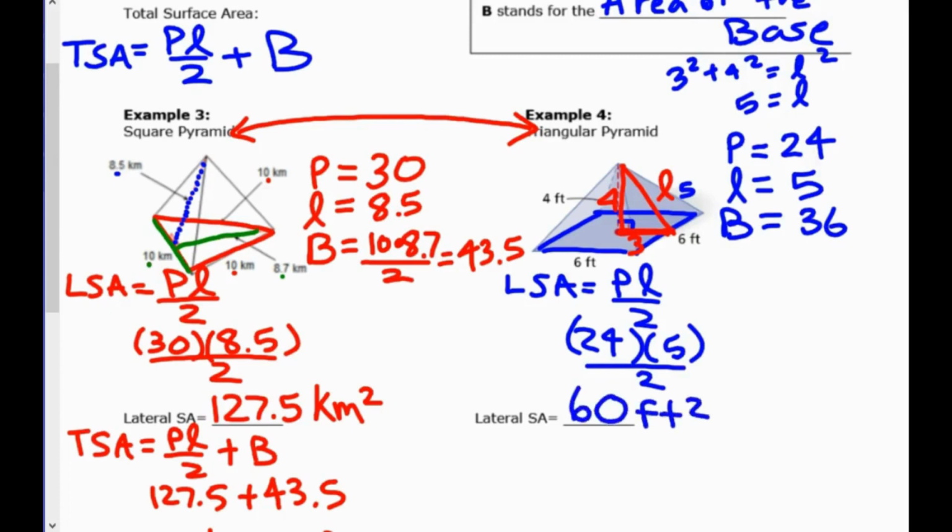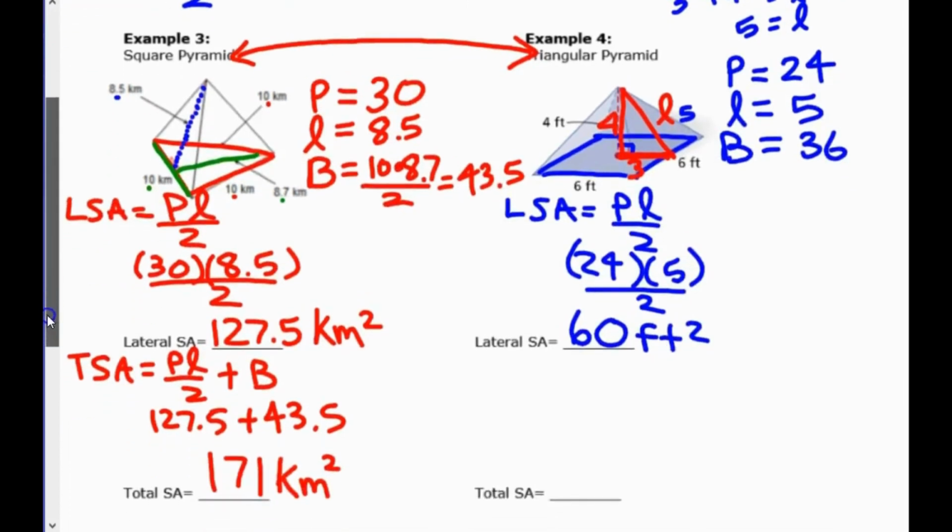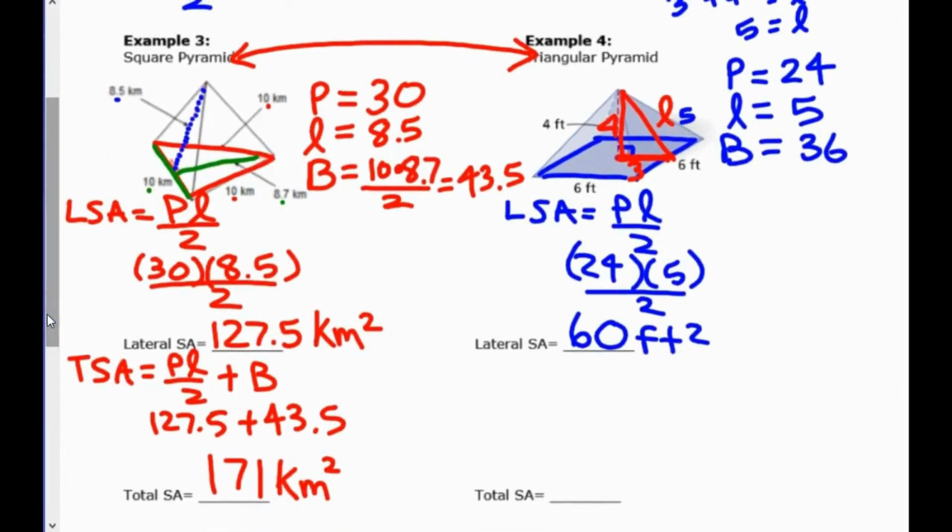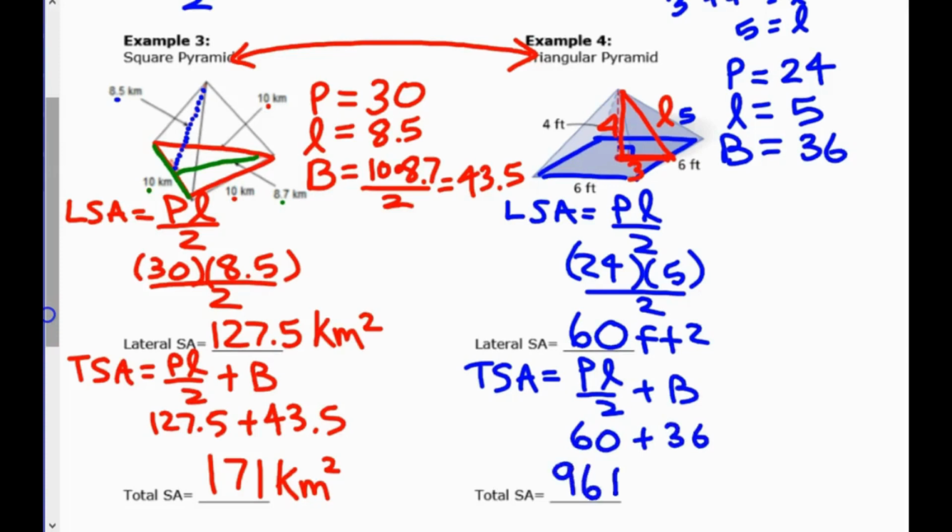Some mental math. And then for total surface area, you're going to do PL over 2 plus B. So we're just going to take that PL over 2, the 60, plus B, which is 36. What's 60 plus 36? Straight up 96. And once again, it's feet squared.